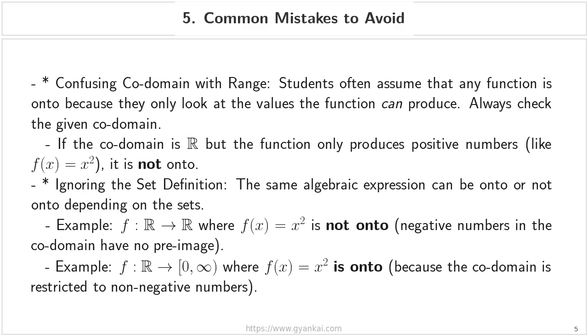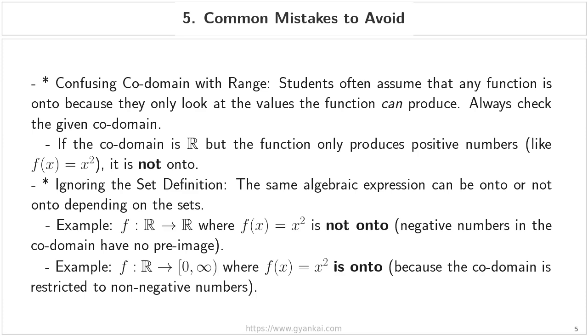Secondly, never ignore the set definitions. You must realize that the same algebraic expression can be onto or not onto depending entirely on the sets involved. Let me give you 2 contrasting examples using the same formula. If we have a function from the set of all real numbers to the set of all real numbers where f of x equals x squared, it is not onto, because negative numbers in the codomain have no preimage.